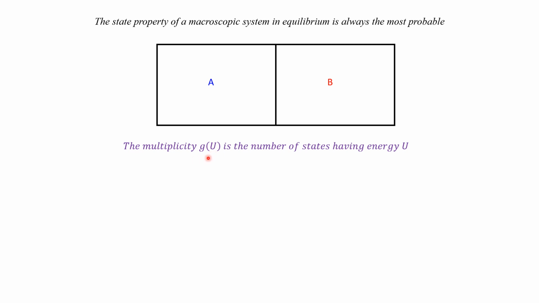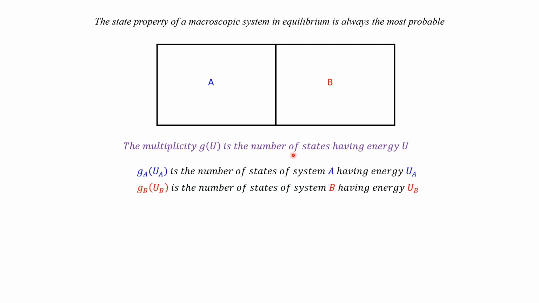So G is a function of the energy U. And by definition, the multiplicity, G, is the number of states having energy U. Now, since the total system is formed by systems A and B, we can define multiplicities for the systems A and B independently. So Ga of Ua is the multiplicity of system A. In other words, it is the number of states of system A having energy Ua. And Gb of Ub is the multiplicity of system B.